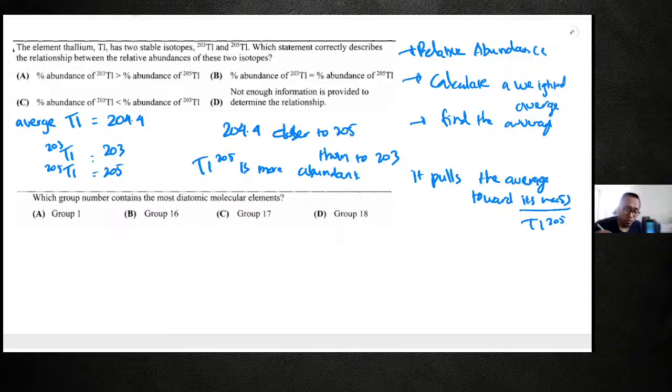So we can understand that 203 should be less than 205. So the correct answer is C. When we are dealing with this question, please remember you can solve this problem without doing any calculation. Remember the concept of that one.